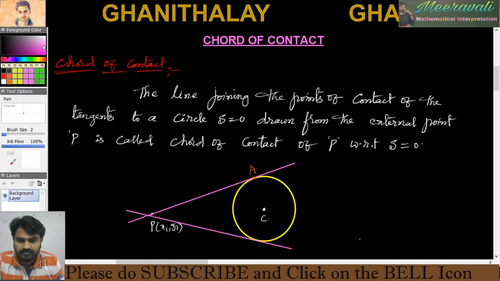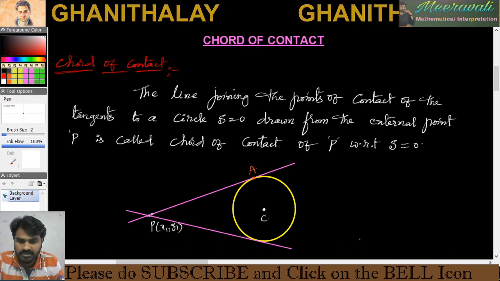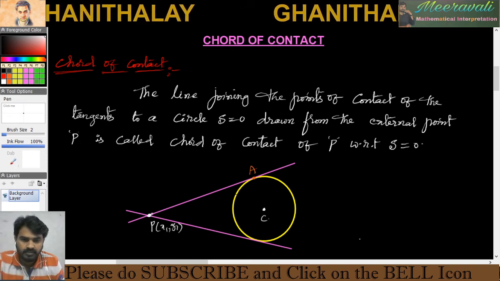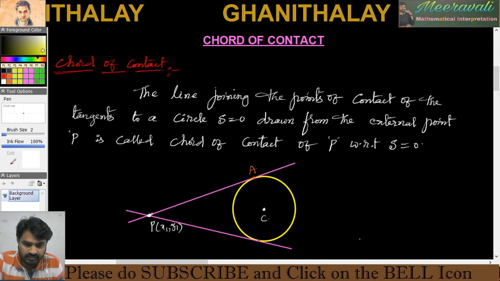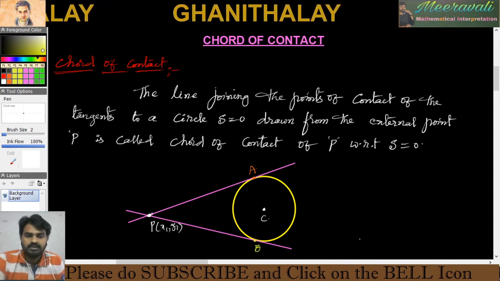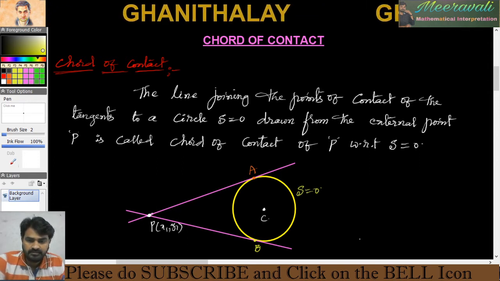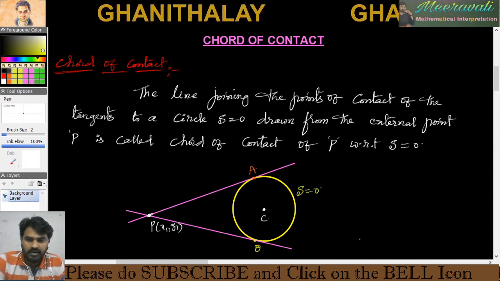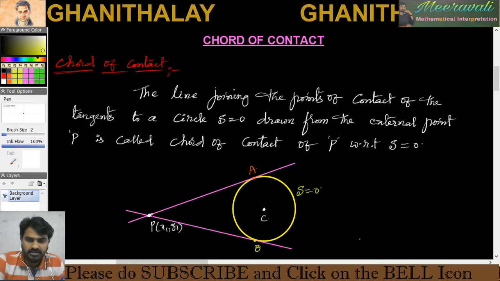Another tangent we can draw from this point like that. Take this point as A. This is the point P. Let us take the point of contact of the other tangent to the circle as B. So first we have taken a circle S = 0 and a point P taken on the exterior side of the circle.